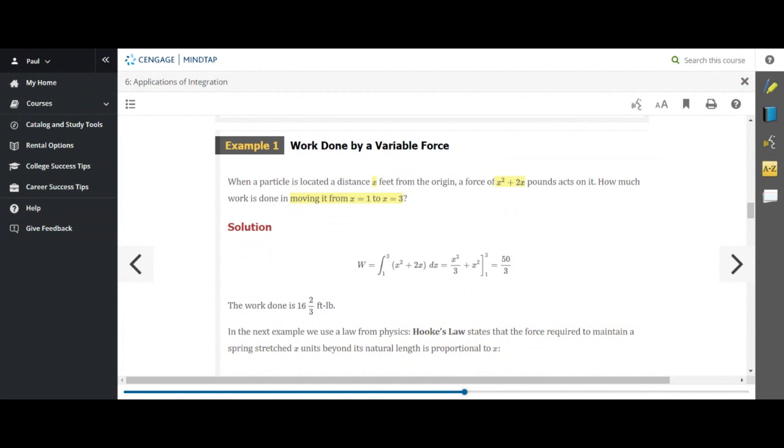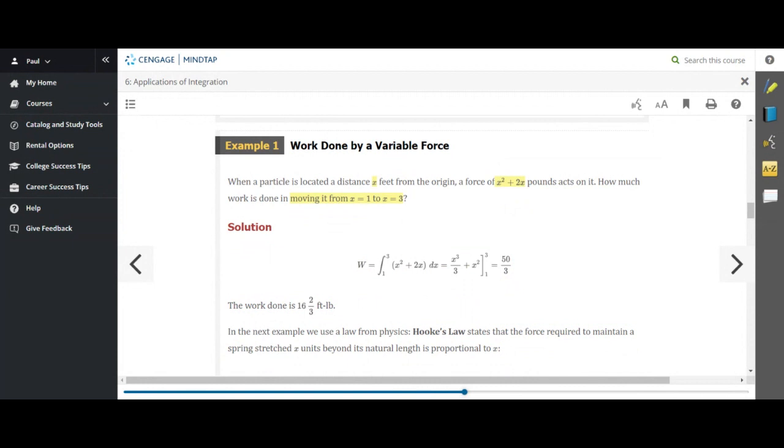Okay, so in this problem, they say when a particle is located at a distance x feet from the origin, a force of x squared plus 2 pounds acts on the particle. How much work is done in moving the particle from x equals 1 to x equals 3? So you're moving it 2 feet, right? X equals 1 to x equals 3.